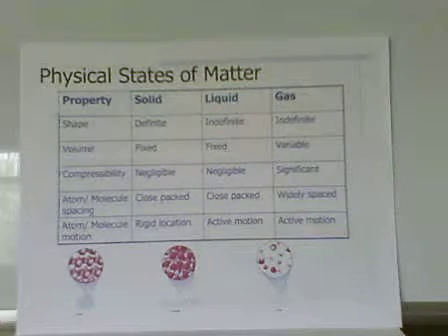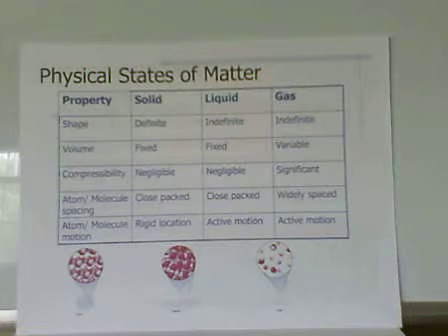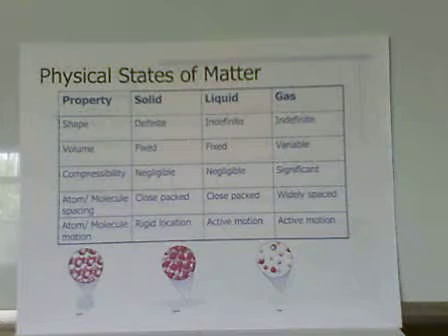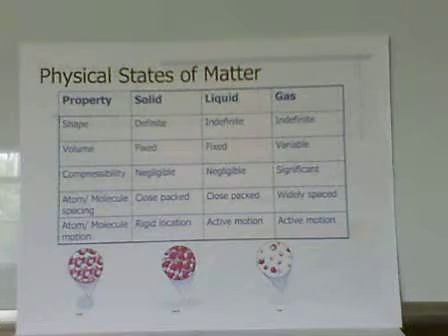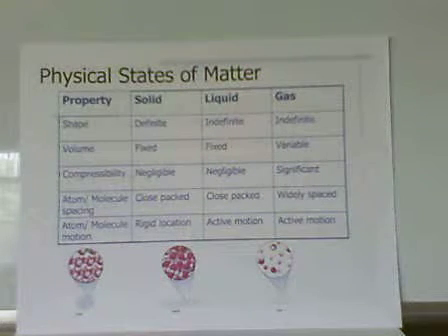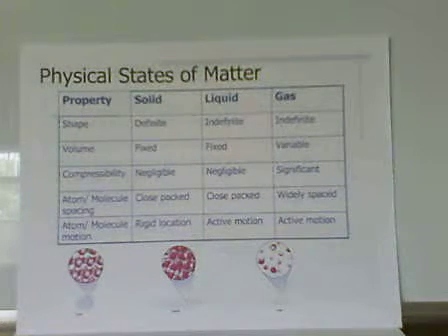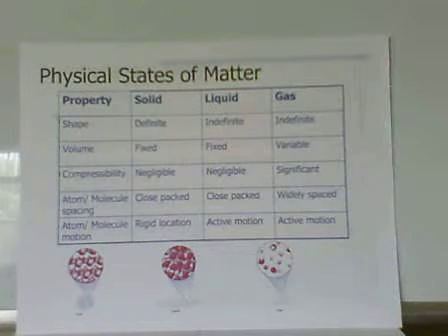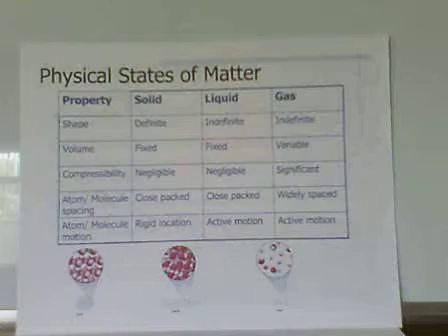So we are able to change the volume through compressing it because there's space between the molecules, so they're able to move closer together or farther apart. The molecules are in active motion, so this means that the gas is fluid, so it flows, and it can create new shapes. It fills the shape of the container it's in.